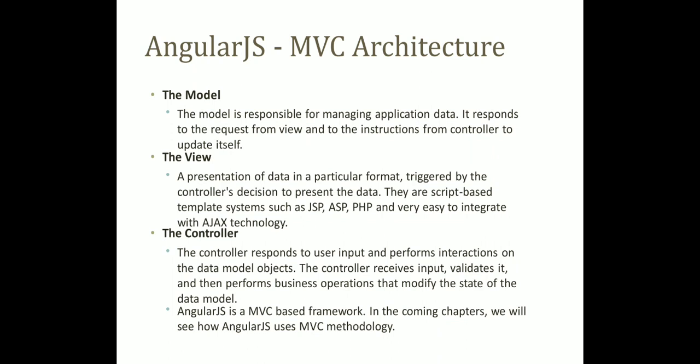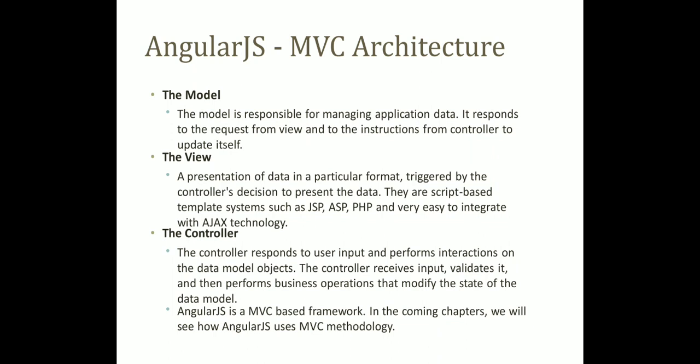Okay, so now moving to the third part, which is controlling previous two parts also, is the controller. The controller responds to user input and performs interaction on the data model objects. Okay, the controller receives input, validates it, and then performs business operations that modify the state of data model.